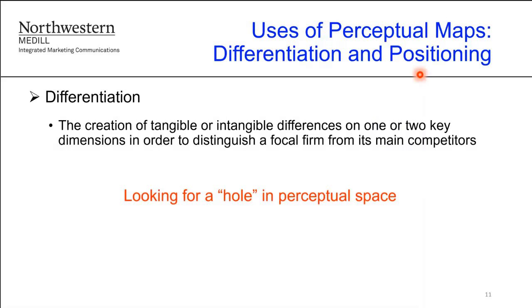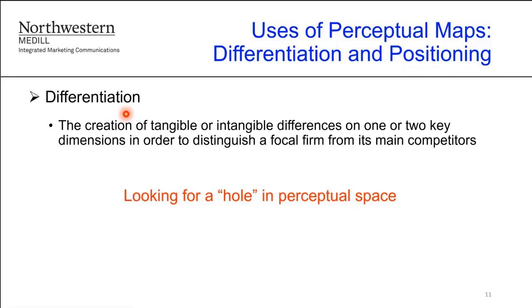Now, how do we use the perceptual map? We can use the perceptual map for differentiating our product from other products, and we can use the perceptual map for the positioning of our product. First, the differentiation.